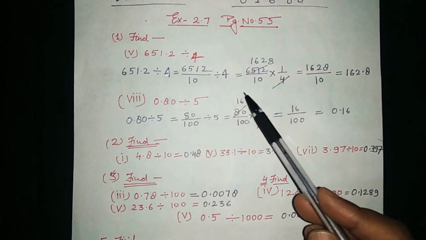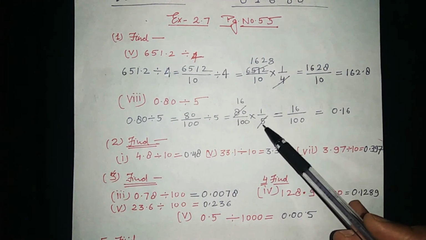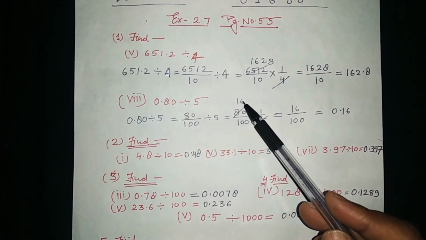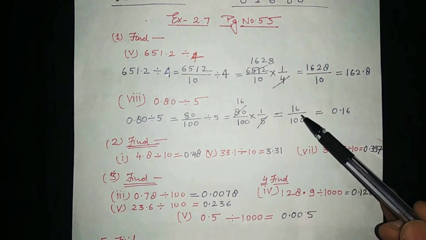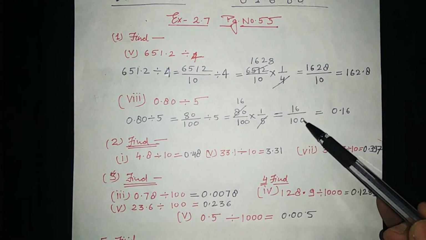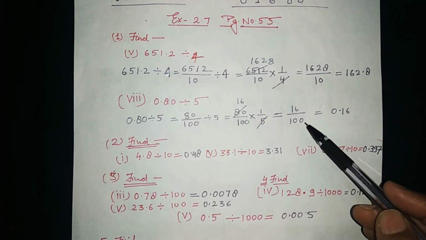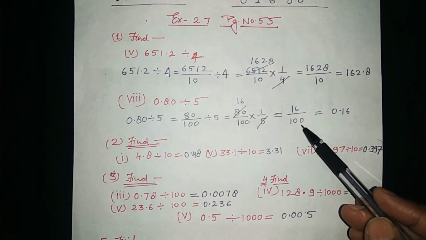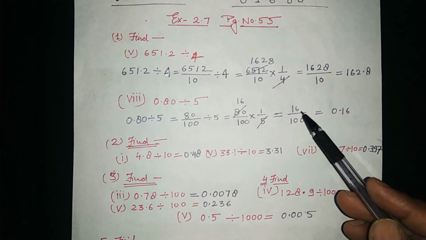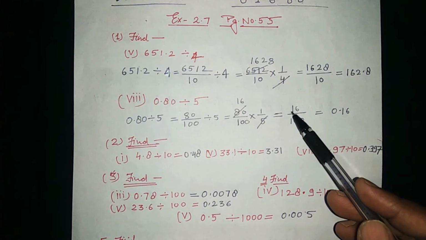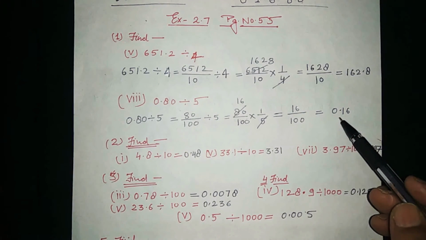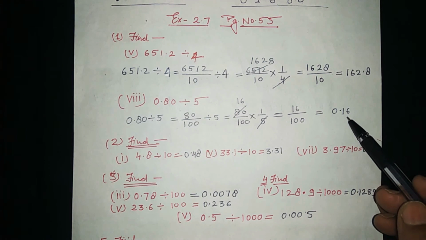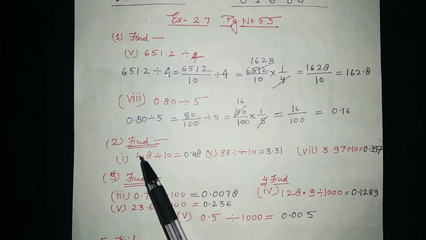After that, we will reduce it. 5 1s are 5, and here after dividing 80 by 5, we will get 16. Now the answer is 16 upon 100, but we have to give the answer here in decimal. So here we can see 100 has 2 zeros. So we will leave the last 2 digits and then we will put the decimal. So our answer will be 0.16.